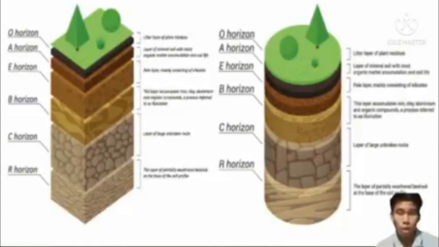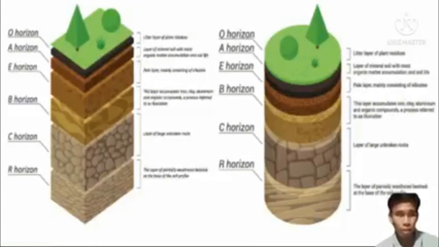So the horizon that sits on the surface is the O layer or the O horizon, and the two layers below the O layer are the A, E, and B horizons. These layers are known as your true soil. This true soil contains most of the chemicals and biological activity that helps the plant grow.